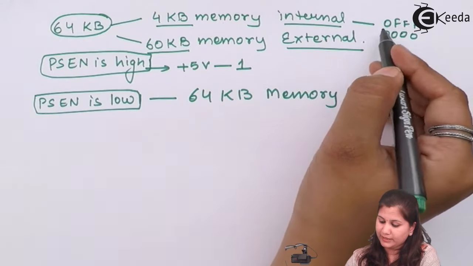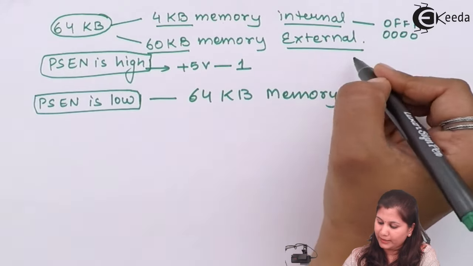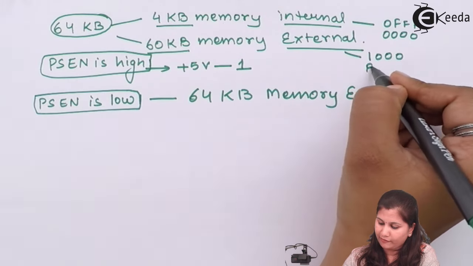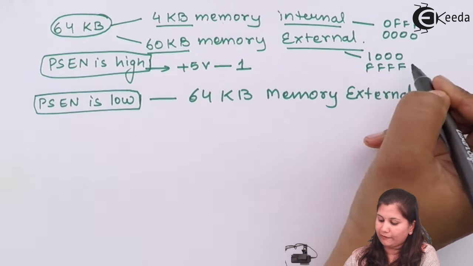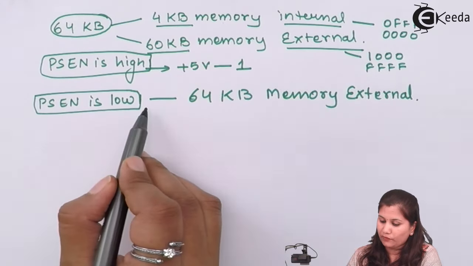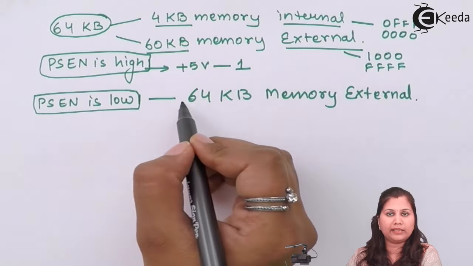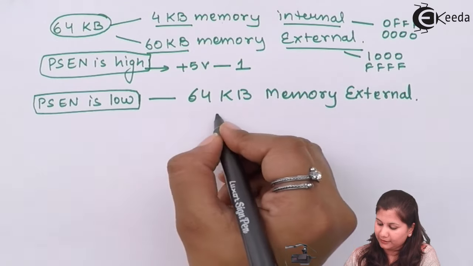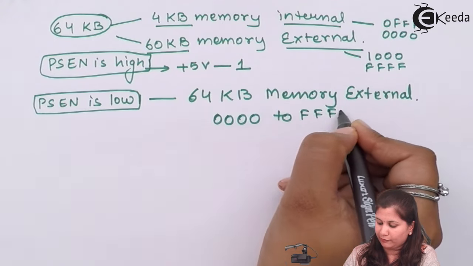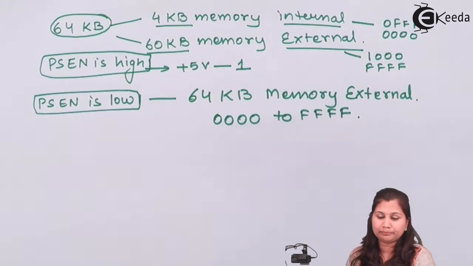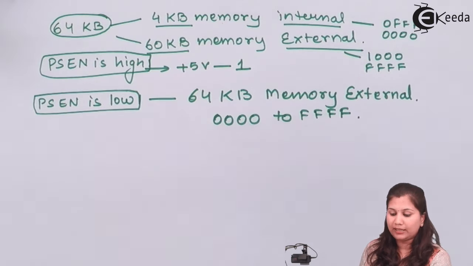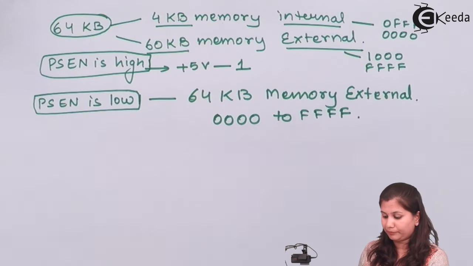The remaining 60 kilobytes, starting from 1000 till FFFF, will be external memory. And when PSEN is low, the complete 64 kilobytes is external, that is 0000 to FFFF. So this was the program store enable signal and the program memory.